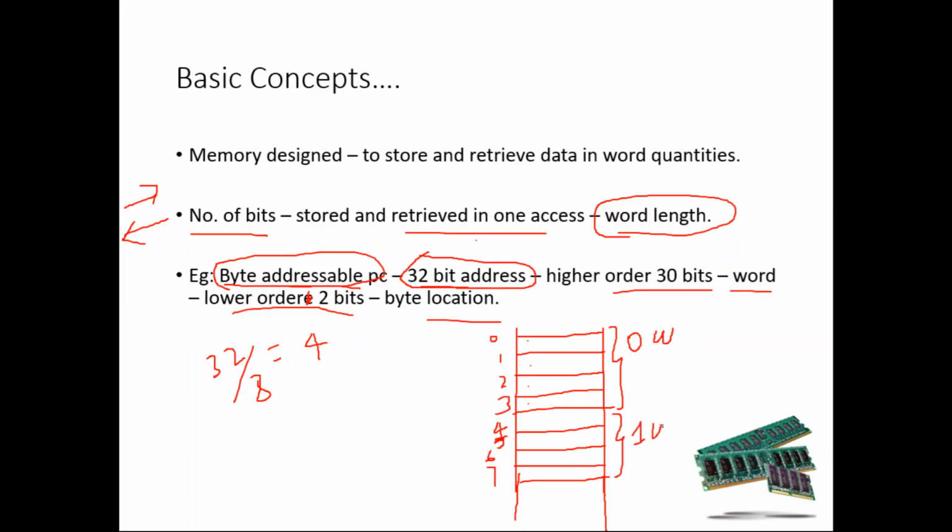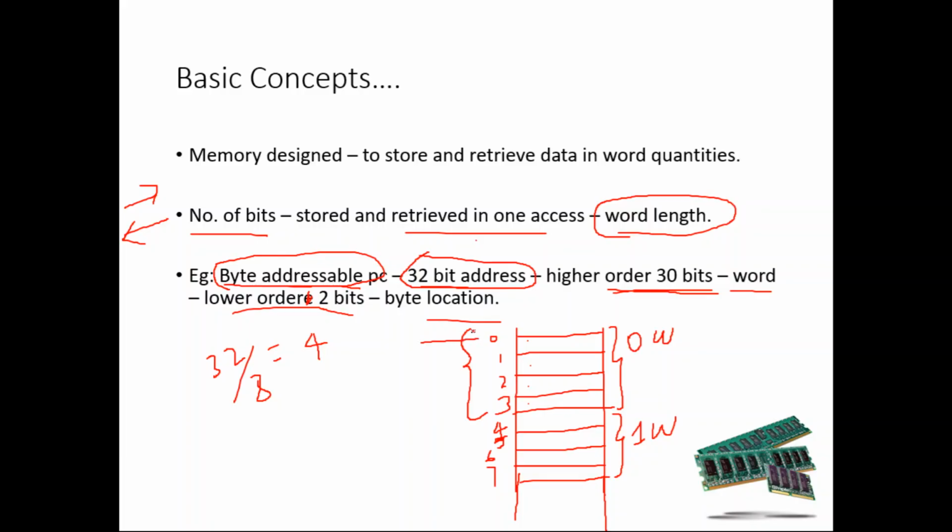Like that it continues, and so on and so forth, right? And what we are trying to say is, if you have a 32-bit address, the higher order 30 bits may refer to the actual word which you want to access. The higher order 30, so all these locations will have addresses, right?